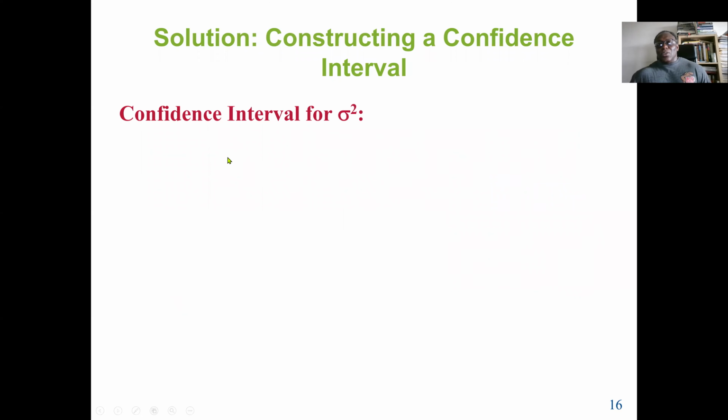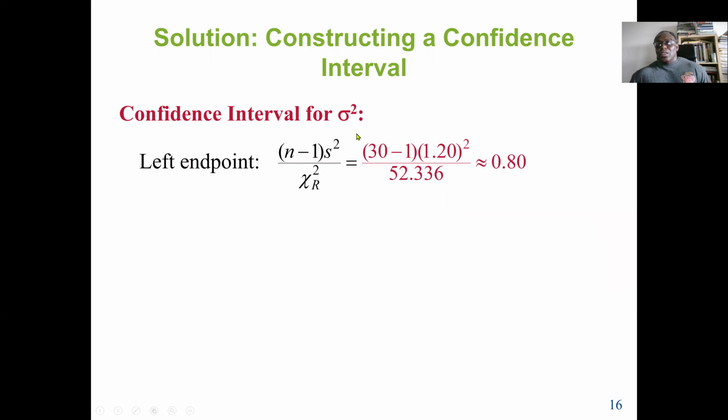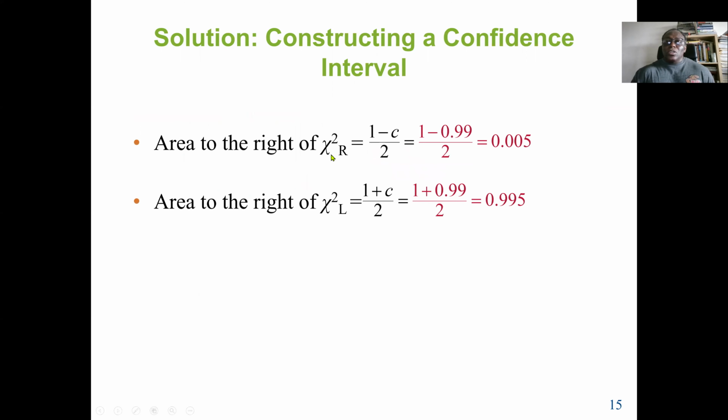Now we are coming to state our confidence interval for the population variance. This is the left endpoint. As we saw in the formula, n minus 1 times the sample variance, divided by the chi-square to the right, which we have already. So it will be 30 minus 1. Remember, this is given to us. From the question, the standard deviation for the sample was 1.2.